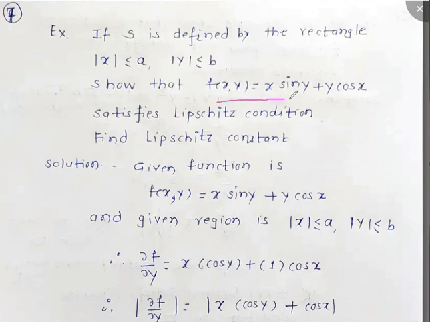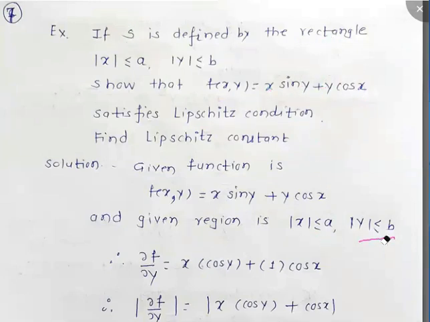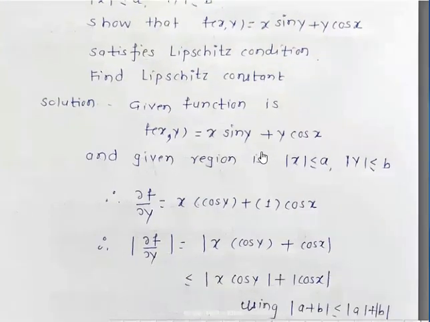Show that the function f(x, y) equal to x sin y plus y cos x satisfies Lipschitz condition on this rectangle S. So given function is x sin y plus y cos x, and given region is mod x less than or equal to a, mod y less than or equal to b. Find out partial derivative with respect to y.